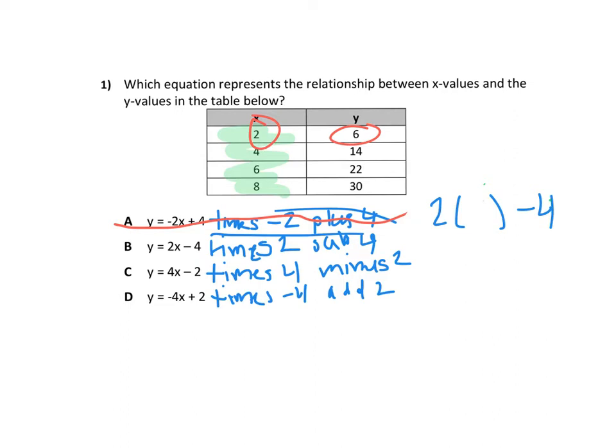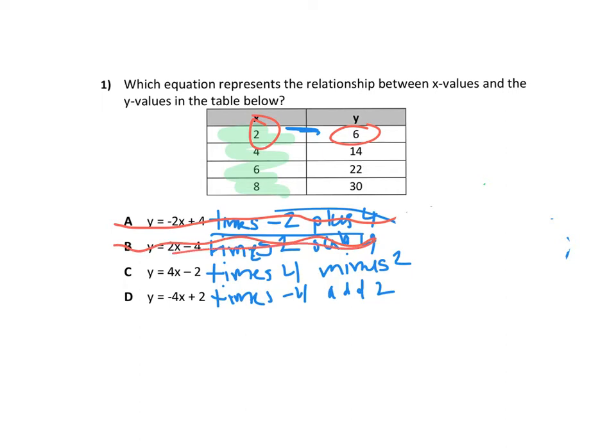So again, I plug in 2 into x. 2 times 2 is a positive 4 minus 4. Again, 0 pairs, 0, not 6. I'm trying to make it into a 6. So again, not the right rule. All right, so let's move on to the next one.